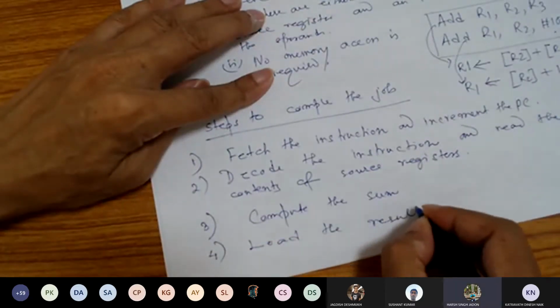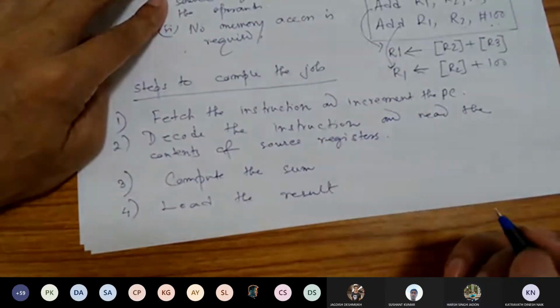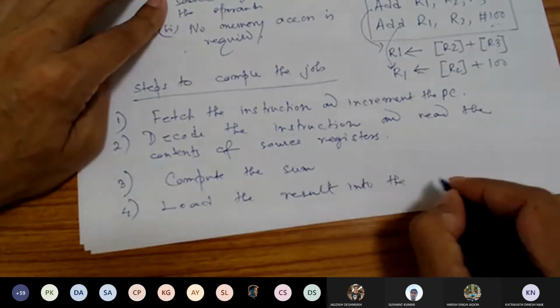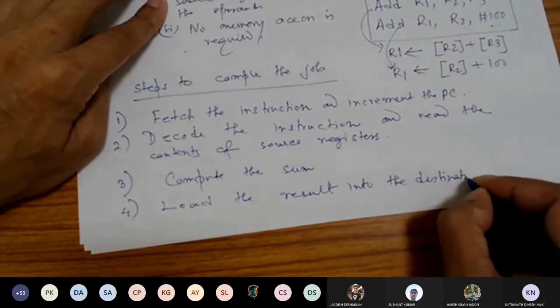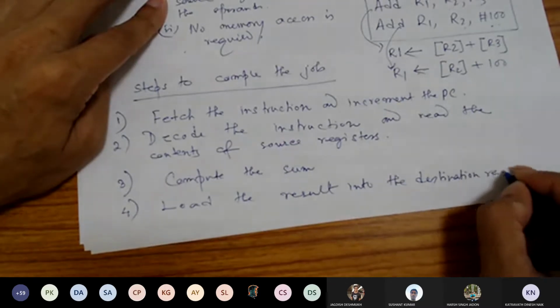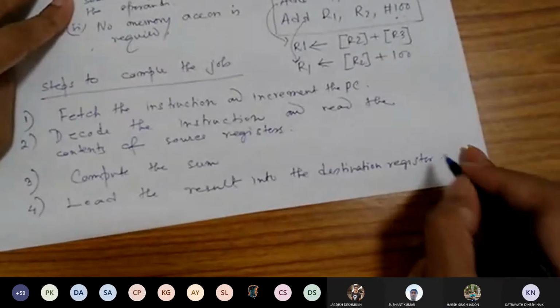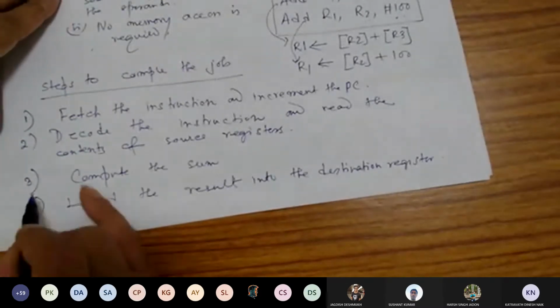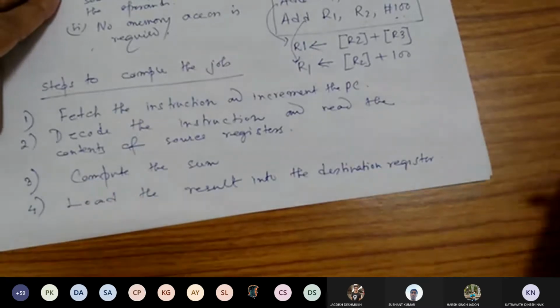into the destination register. These are the steps or stages. Now in between 3 and 4 there was another stage, memory, so we do not need this.